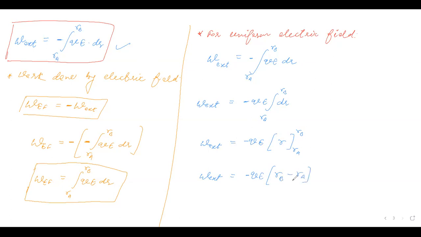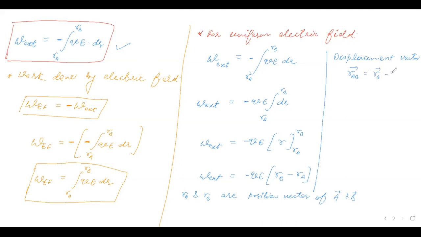Remember that RA and RB are the position vectors of A and B. And we already know, in terms of displacement vector, we can write RAB as RB minus RA.